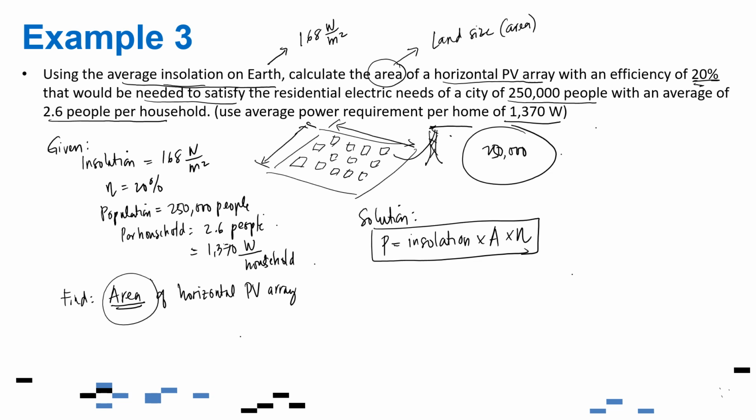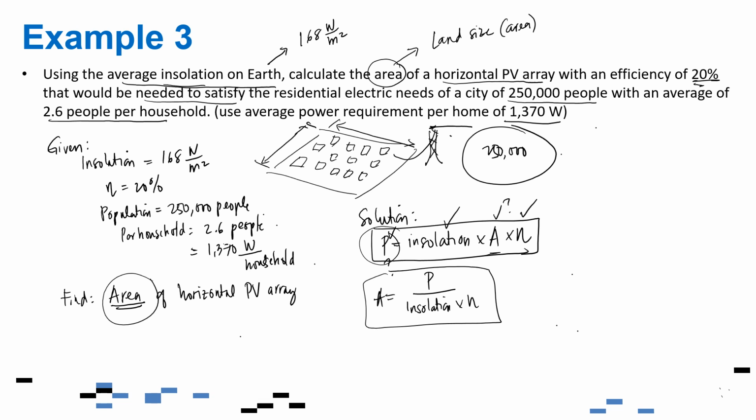From here, we are already given the insolation. Area is the unknown here. The efficiency is already given, and power is also unknown, but we are given various values to get that power. Once we get this power P, then we can calculate the area. So area is basically power over insolation times the efficiency.